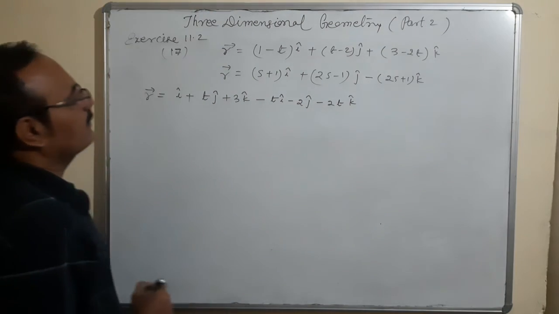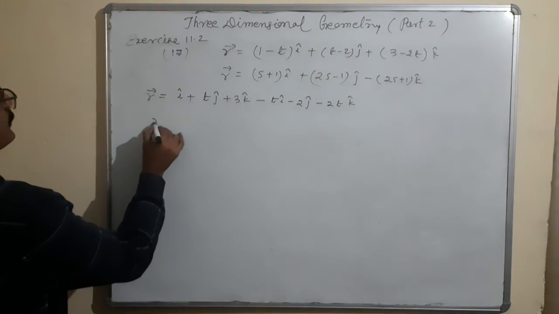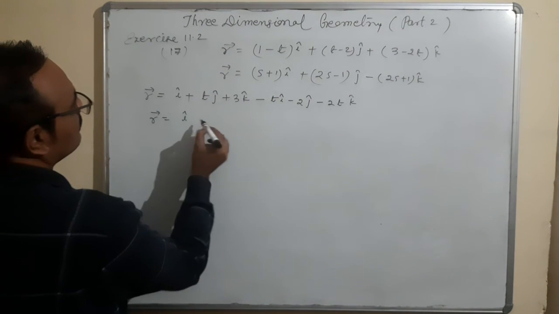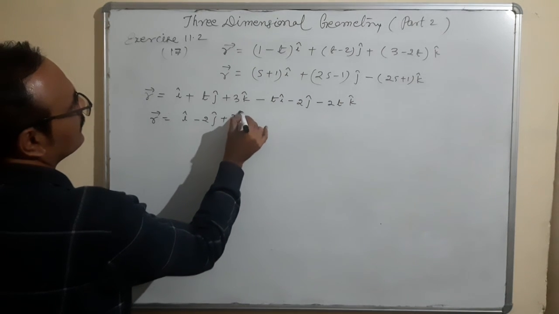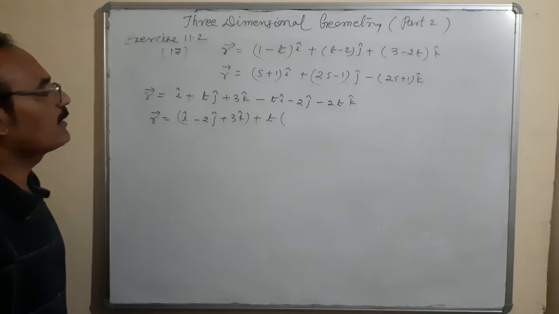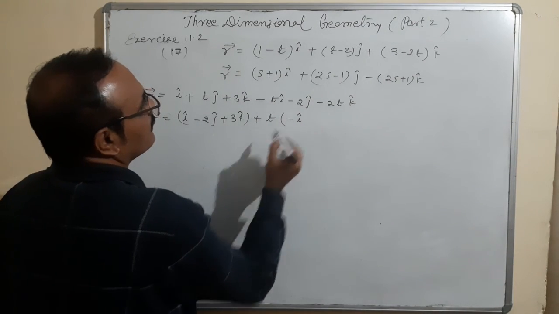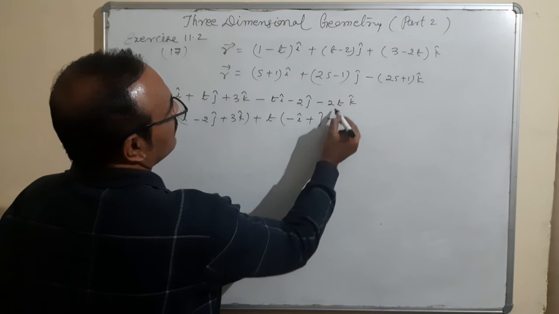Got it? Here what I am going to do is keep i, j, k together: i minus 2j plus 3k, plus t common, so it is minus i plus j minus 2k.